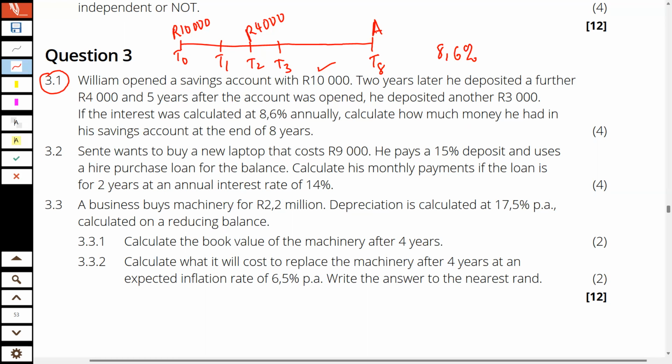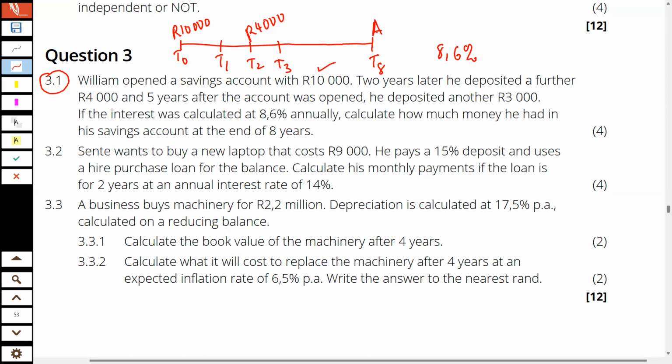So we are looking at exactly this scenario here. The interest rate is actually 8.6%. Obviously, we need to sit down and think very carefully and make sure we understand the story.